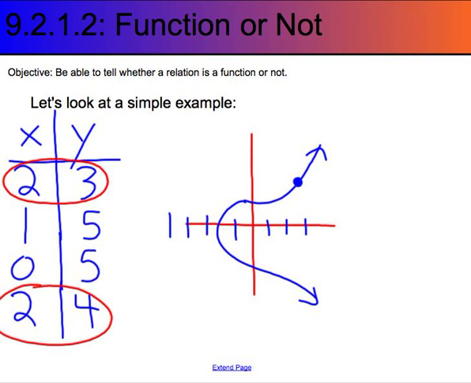Let's say I pick an input of 3, this dot that I already have noted here. But now there's another output for 3. Because when I put in 3, there are 2 different options for an output. This is not a function anymore because there are 2 outputs for some input. And actually, there are a lot of places where there are 2 outputs for one input.